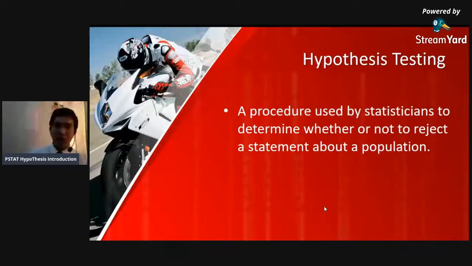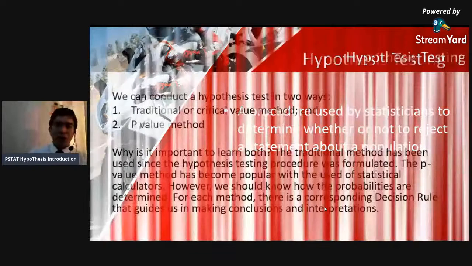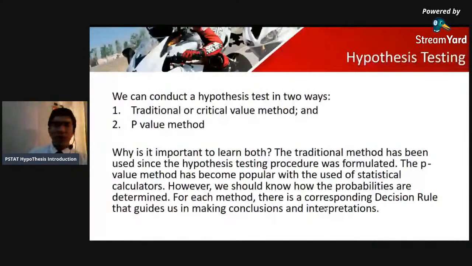We can do hypothesis testing in two ways, the traditional or critical value method and the p-value method. So why is it important to learn both? The traditional method has been used since the beginning of hypothesis testing. This is the old process. Nowadays, they are turning to use the t-test instead of z-test.